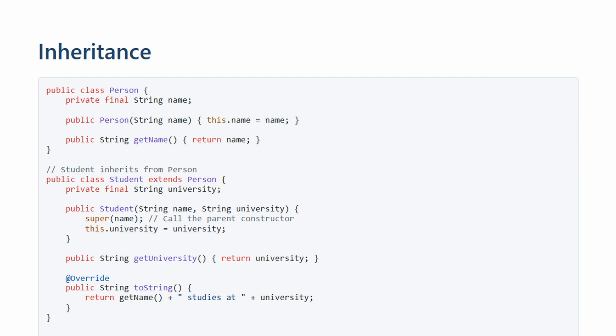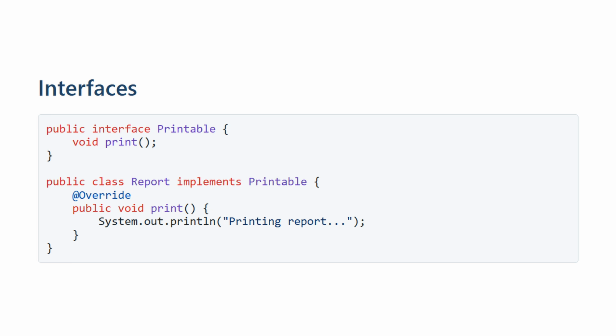Prefer composition over inheritance when possible. 3. Understand method overriding. A subclass can override a method from its parent to provide specialized behavior. 4. Visibility matters. Protected members are visible to subclasses, but private members are not. Use getters or constructors to pass data down safely.